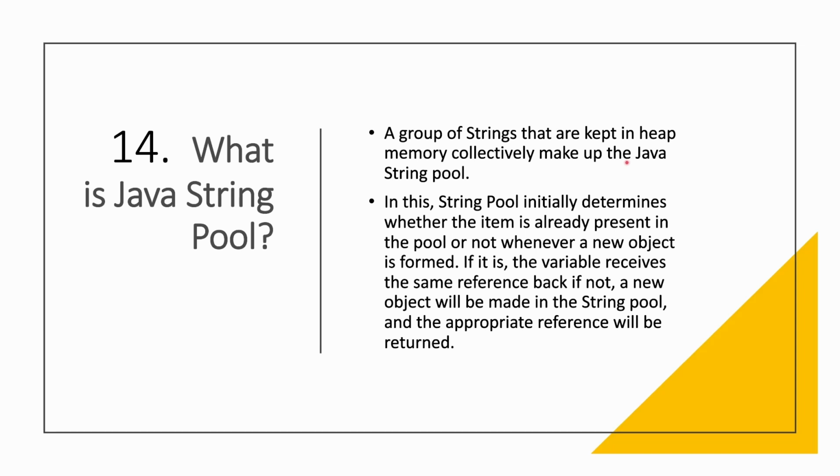Whenever a new object is formed, it will check in the string pool, and if that object is already present, it will point to that object only. It will not create a new place for it. The variable receives the same reference back. If not, then only a new object is made inside the string pool and the appropriate reference will be returned.